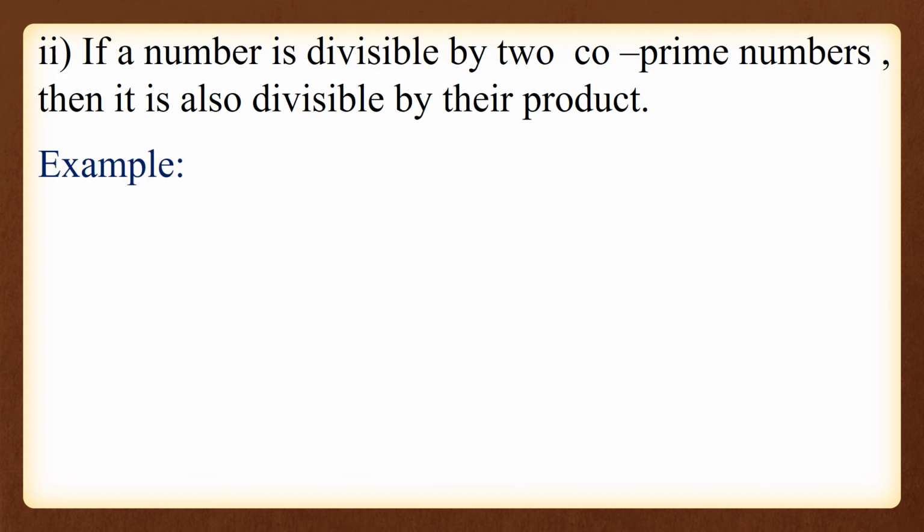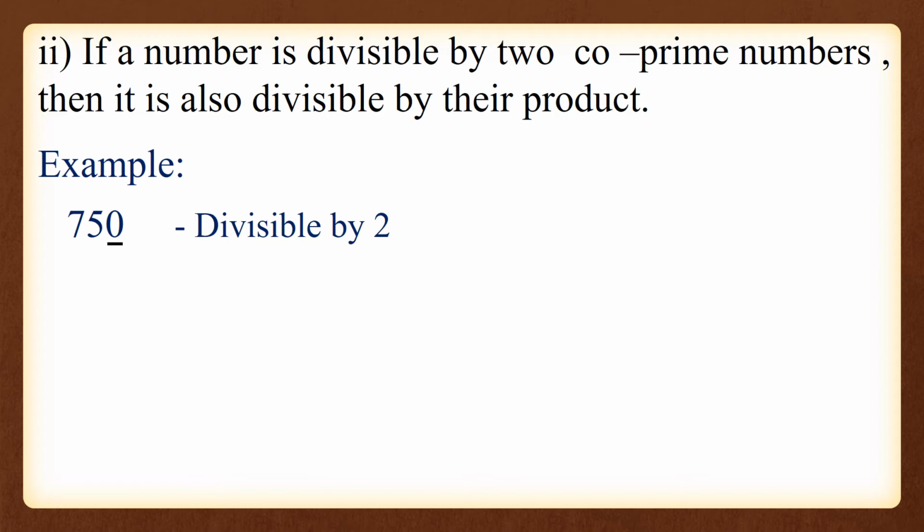Let's see an example. 750. Here the ones place is 0. That is, the last digit is 0. So if the last digit is 0, then it is divisible by 2, because we know the divisibility rule of 2.